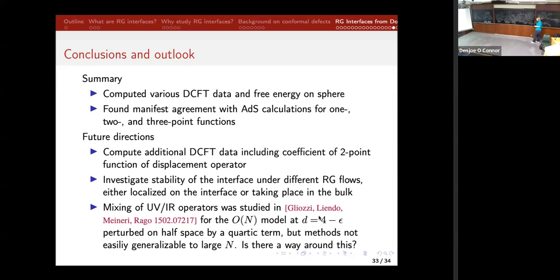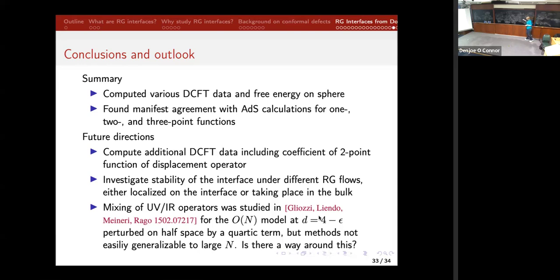One very simple thing you could do with the interface is, if you didn't tune the defect mass term to 0, and you looked at the flow of this term, you could end up with essentially 2 disconnected boundary conformal field theories, which have no overlap.